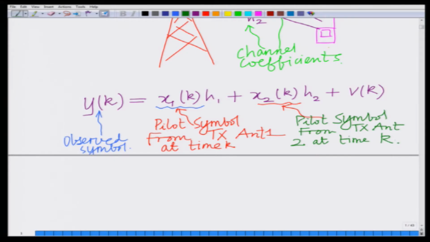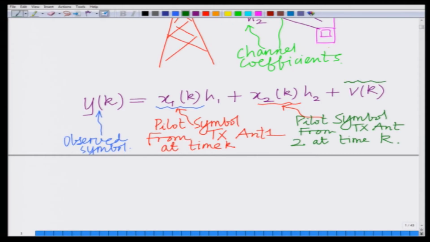So we have the system model yk, which is the observed pilot symbol at time instant k at the mobile, equals x1k times h1 plus x2k times h2 plus vk. x1k is the pilot symbol from transmit antenna 1 at time instant k, x2k is the pilot symbol from transmit antenna 2 at time instant k, and vk is as usual the noise sample, the noise at the receiver. This is something that we have seen many times before.